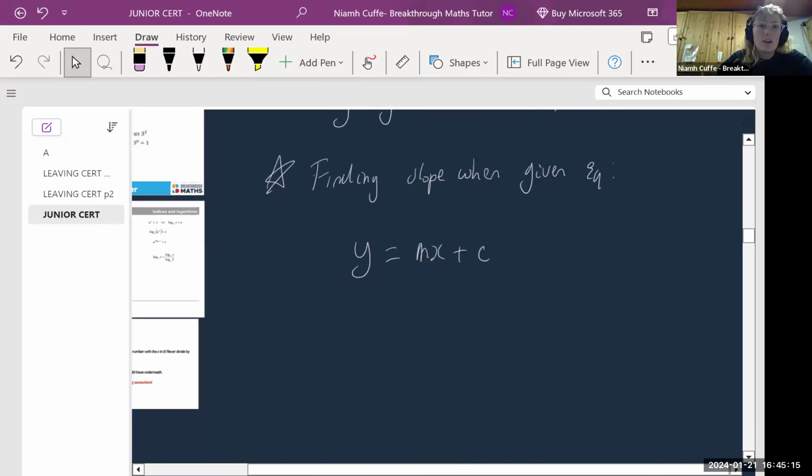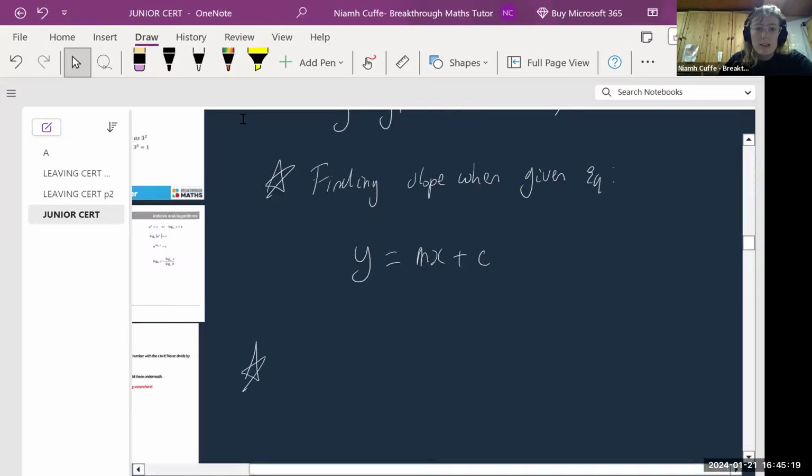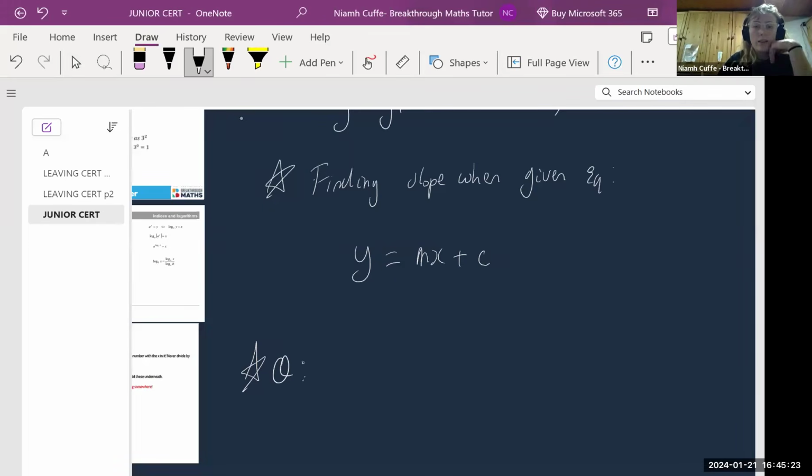Let's have a look at this question and see how you find it. Let's say the line L is given by 2x plus 3y minus 3 equals 0, and they ask you to find the slope.